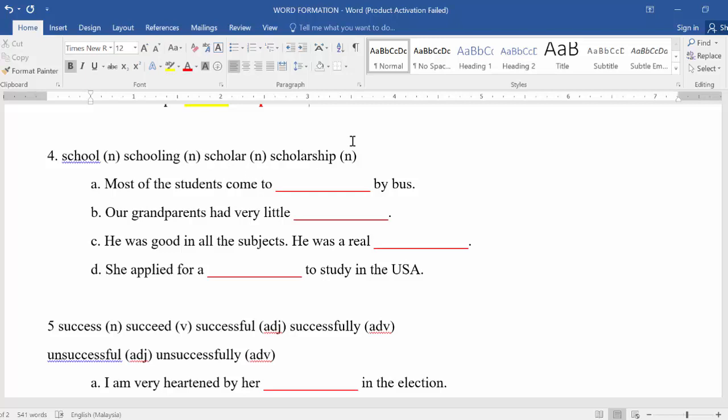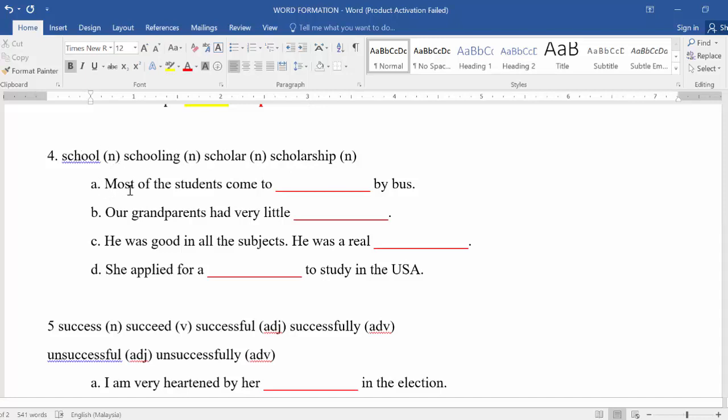Scholar, a highly educated person. Next one, scholarship. Scholarship is an amount of money, awarded by a school or any organization to support students for their education. So scholarship is money, scholar is a person, school is a place, and schooling is education.